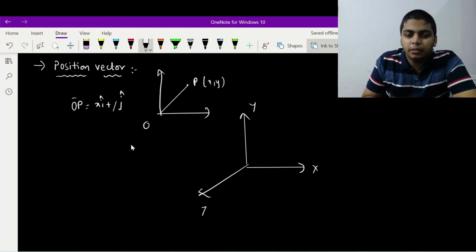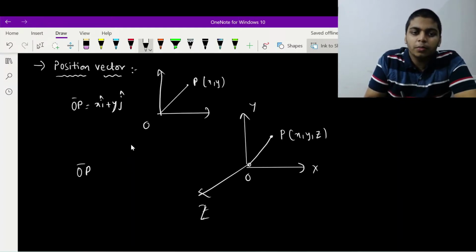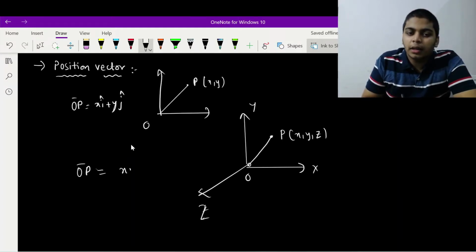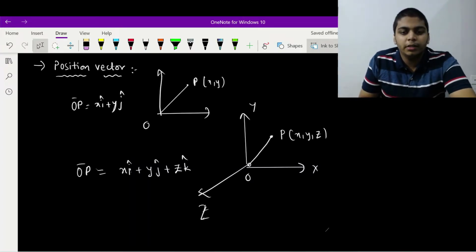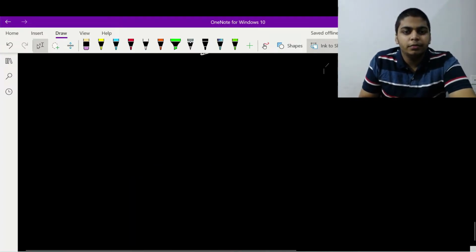If you have some point P as x comma y comma z, the position vector is the vector drawn from the origin to the point P, and this OP bar is nothing but x i cap plus y j cap plus z k cap. Let us now get into the next subtopic, displacement vector.